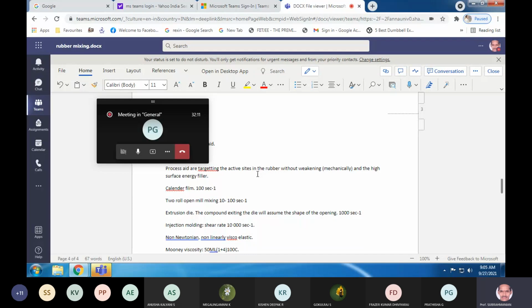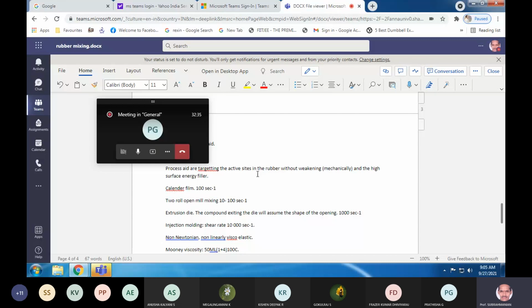What you see in the bracket, 1+4, describes the test duration. The test duration need not be a preheating of 1 minute and a test of 4 minutes; it could be 8 minutes in some cases.